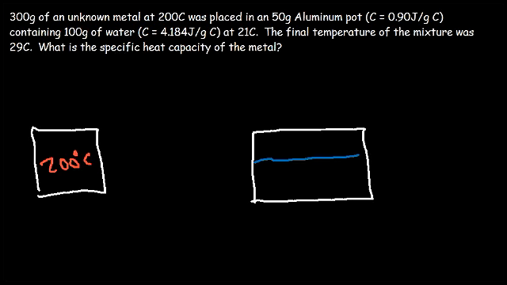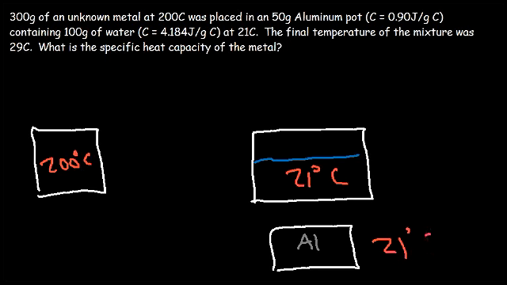But I'm going to draw two separate substances, one for aluminum and the other for water. Now because the water is inside of the aluminum pot, they're at the same temperature, which is 21 degrees Celsius. So heat is going to flow from the unknown metal to the water, and some of the heat is going to flow from the unknown metal to the aluminum pot.